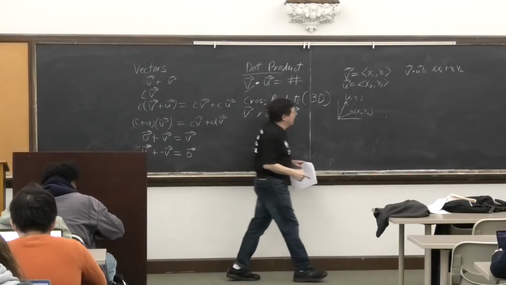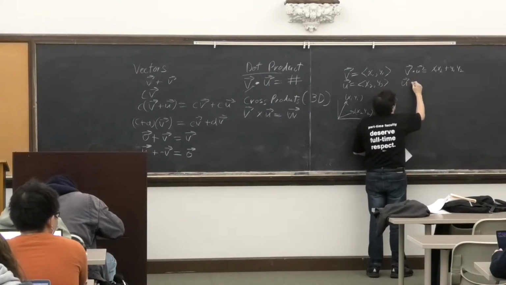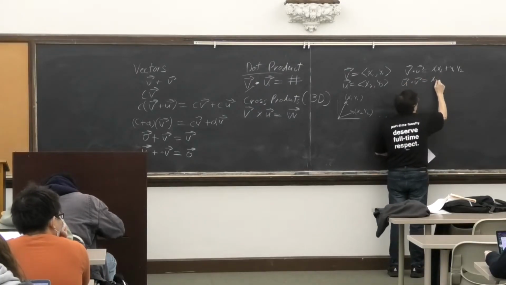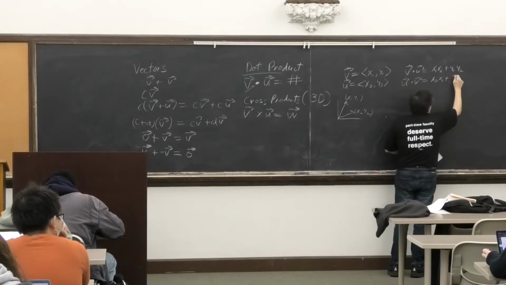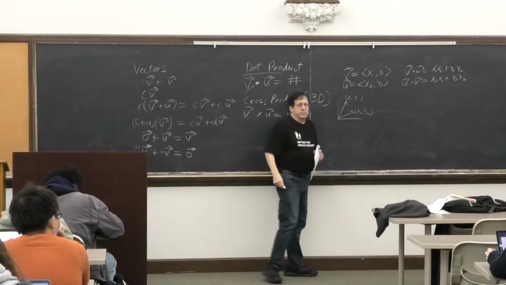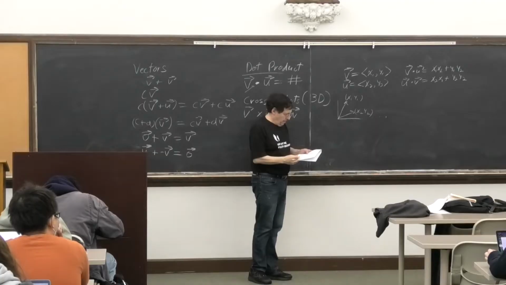There are some immediate consequences here. Because multiplication is commutative, the dot product is going to be commutative. U dot v and v dot u are the same thing.